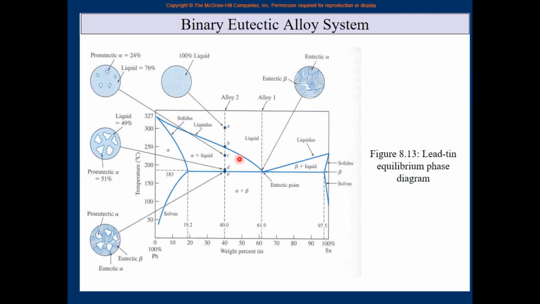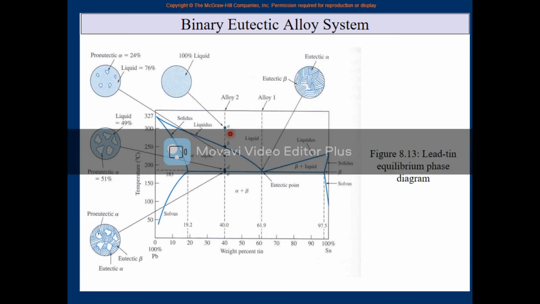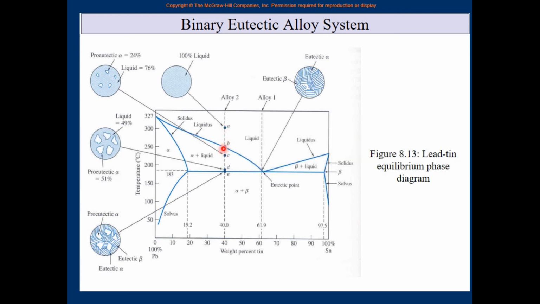So we take a point A. First of all, of course, we draw a vertical line at our composition. We take any very high temperature point A. We know that there will be a completely liquid phase and the composition will be only the original composition. When we drop the temperature until we touch the line, a very small amount of the liquid has changed into alpha solid.